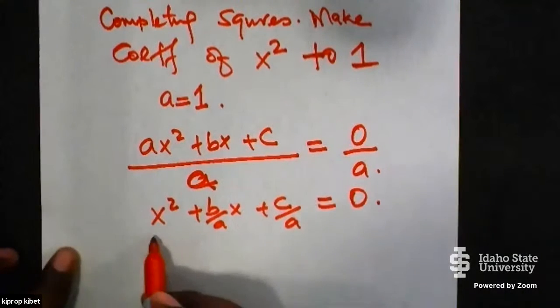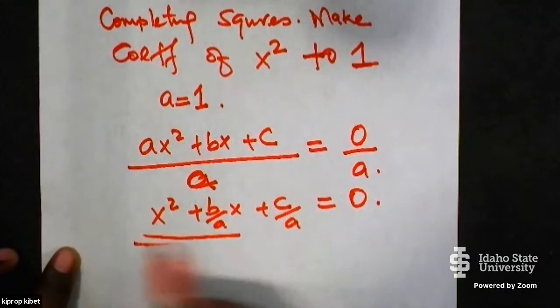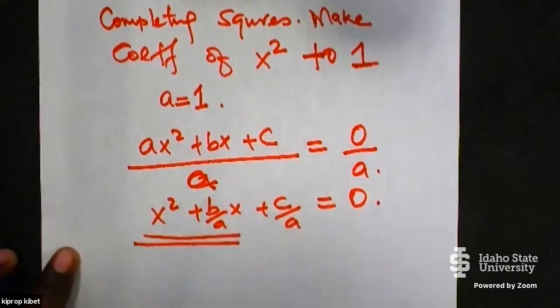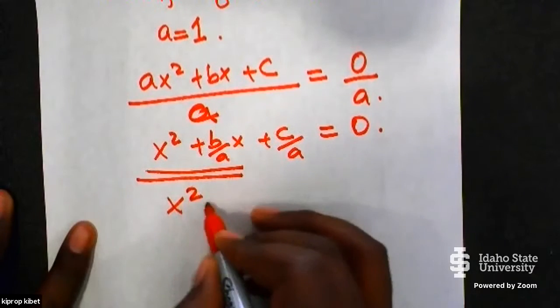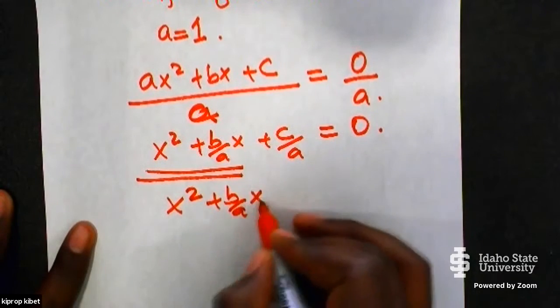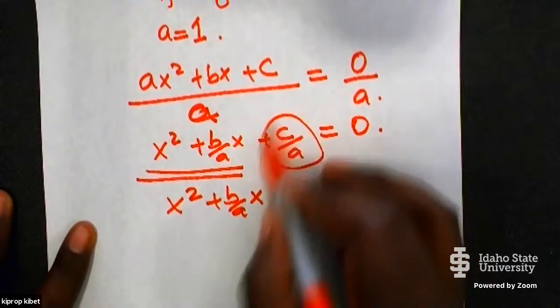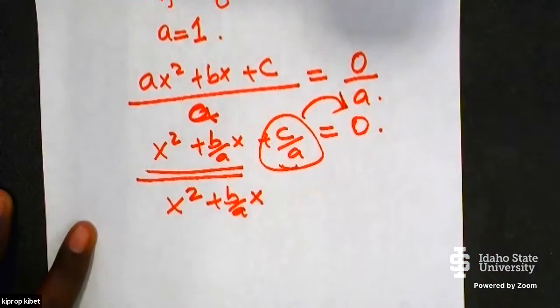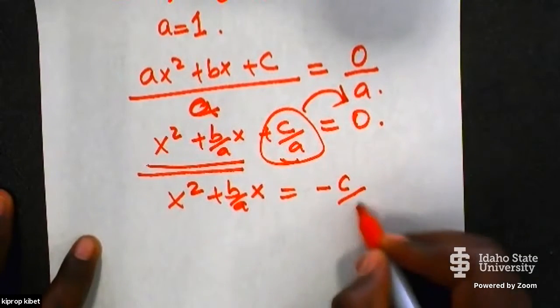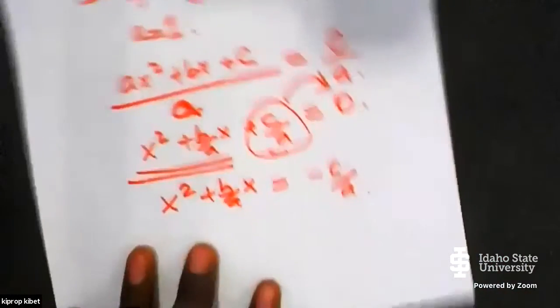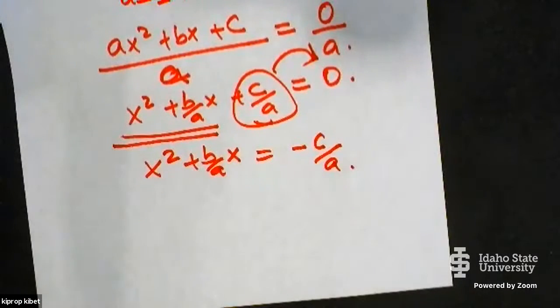That means where there is x, you put it on one side: x squared plus b over a x, and then the constant you take to the other side, so equals minus c over a.